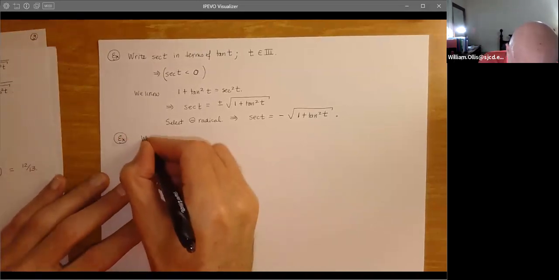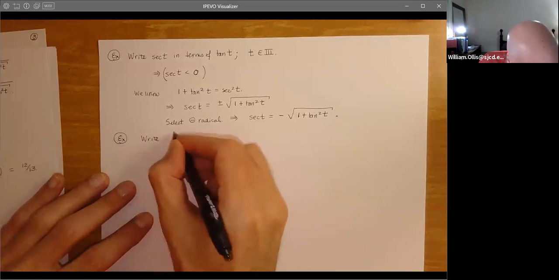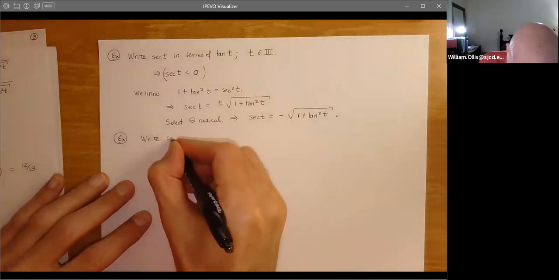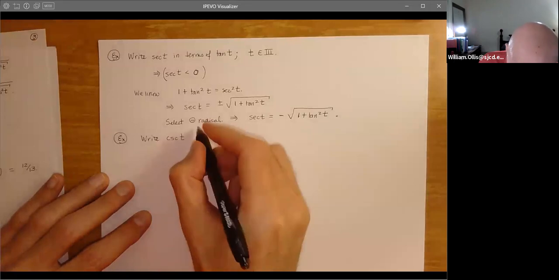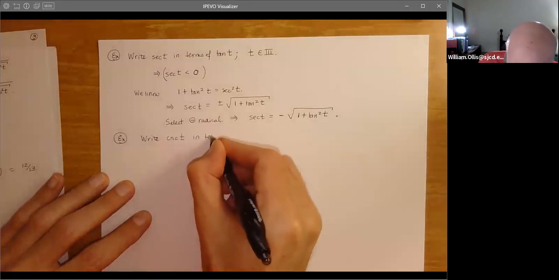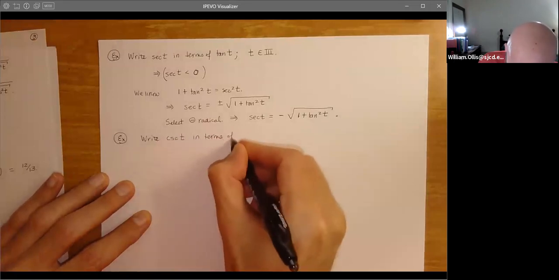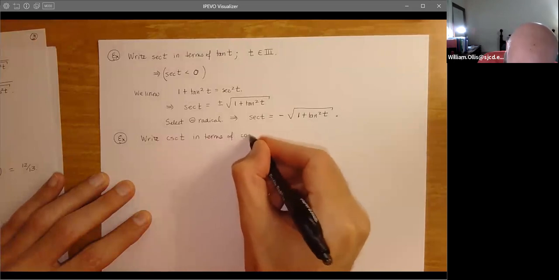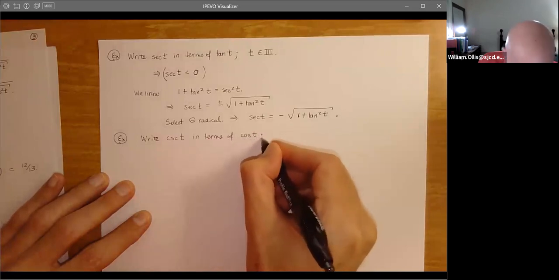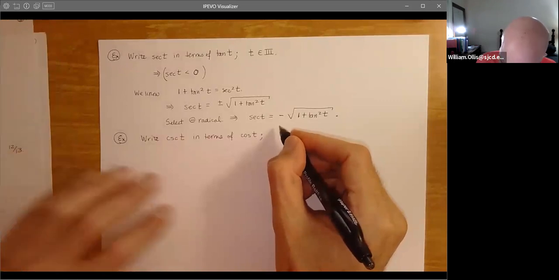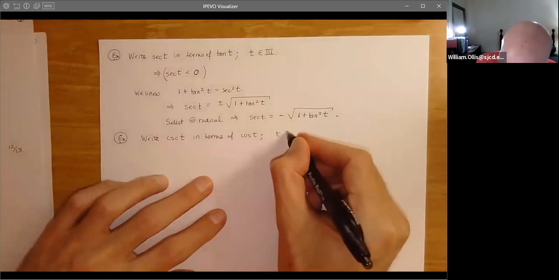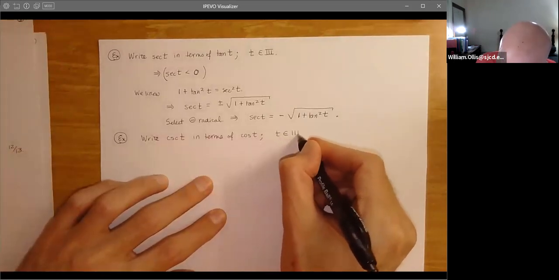says, write cosecant t in terms of cosine of t. And in this case, again, not to beat a dead horse, t terminates in the third quadrant.